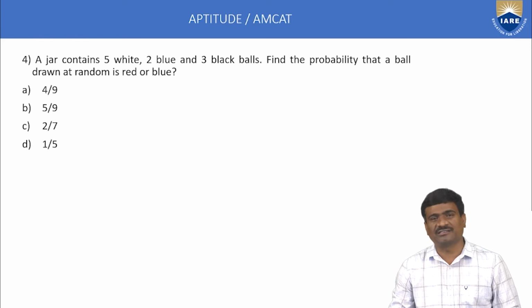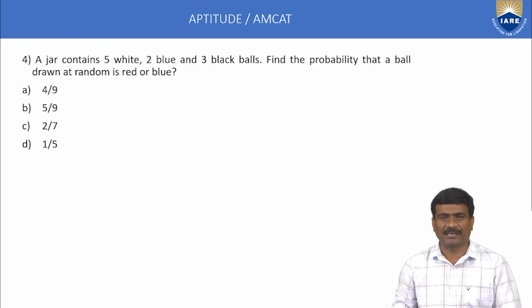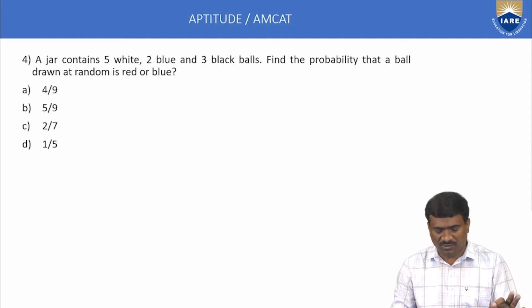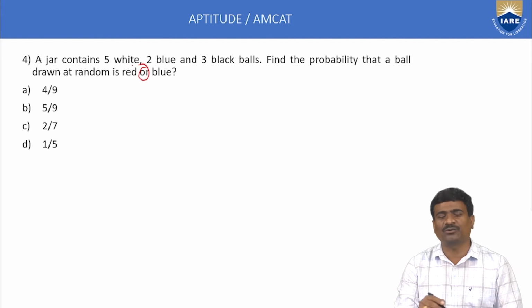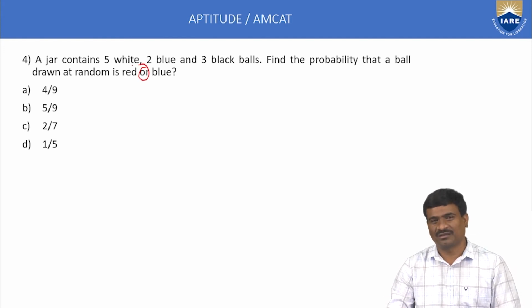Next, fourth example, probability topic. A jar contains 5 white, 2 blue, 3 black balls. Find the probability that a ball drawn at random is red or blue. Options: A 4 by 9, B 5 by 9, C 2 by 9, D 1 by 5. Here only the operator is important.